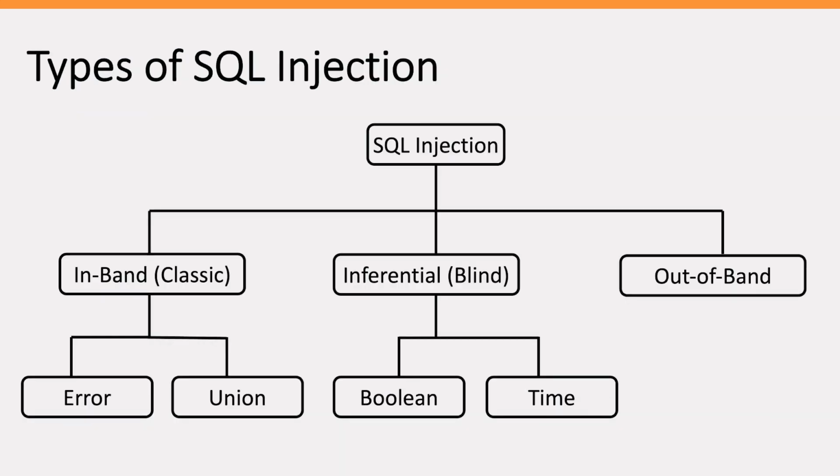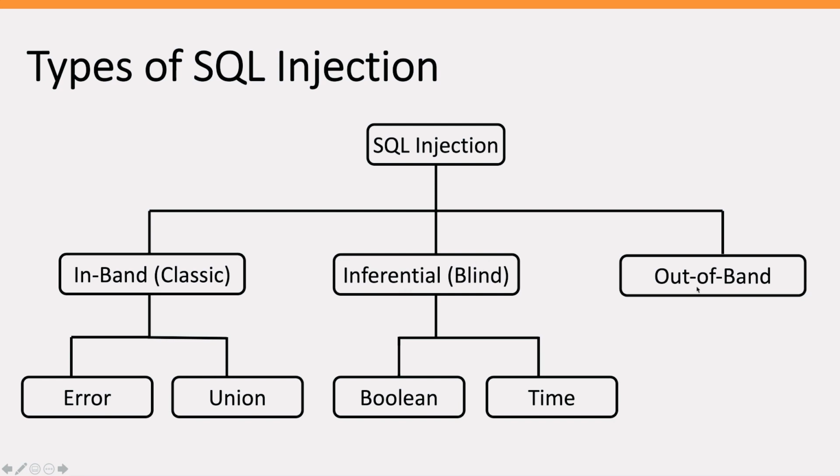All right, so in the past couple of slides, we got a high-level overview of what SQL injection vulnerabilities are. Now we're going to go at a more granular level and talk about the different types of SQL injection. SQL injection vulnerabilities can be classified into three major categories. The first is in-band or classic SQL injection. The second is inferential or blind SQL injection.